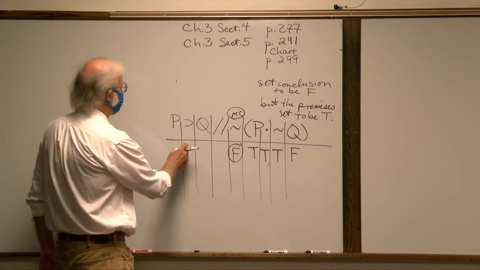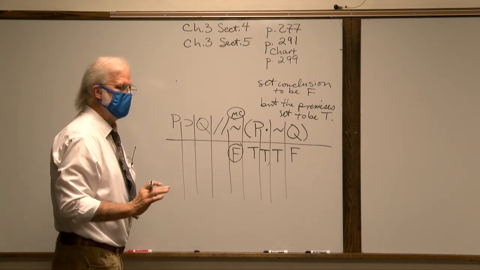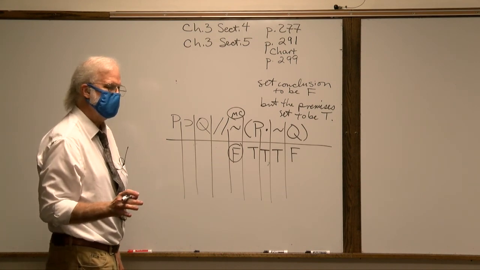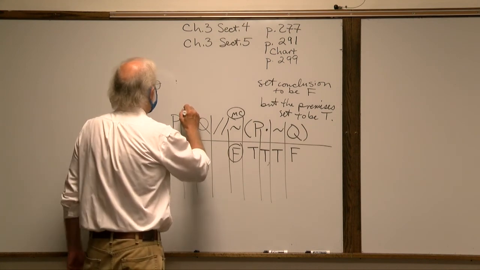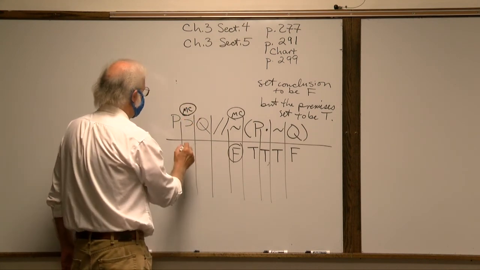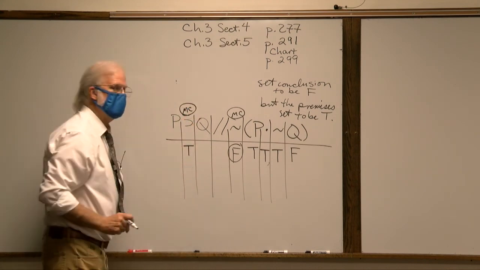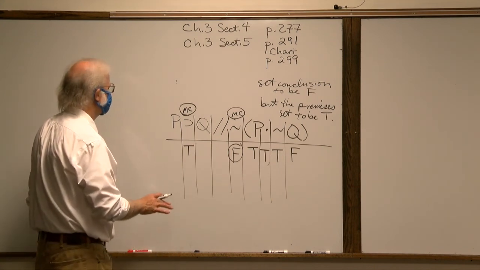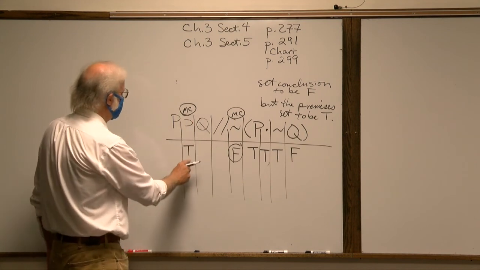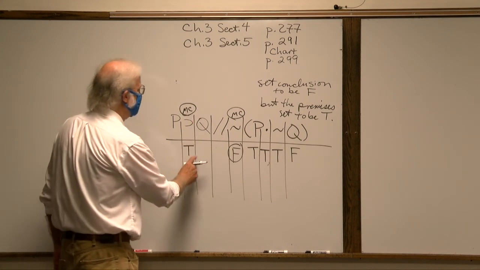Let's go to the premise, and again, this isn't necessary, it's strictly arbitrary, but for beginners, it's best to go ahead and set that main connective to be true. That way you remember it's supposed to be true, because it's easy to forget. We'll set the main connective of the premise to be true.